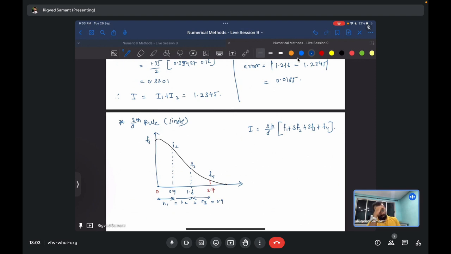So these are f1, f2, f3, f4 and h, you know. Now we have to find out f2 and f3 because they are different. f1 and f4 we know.